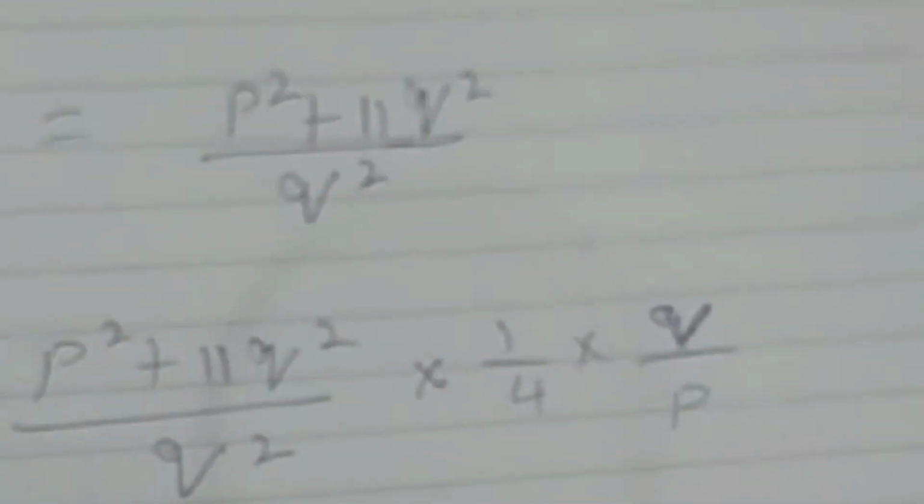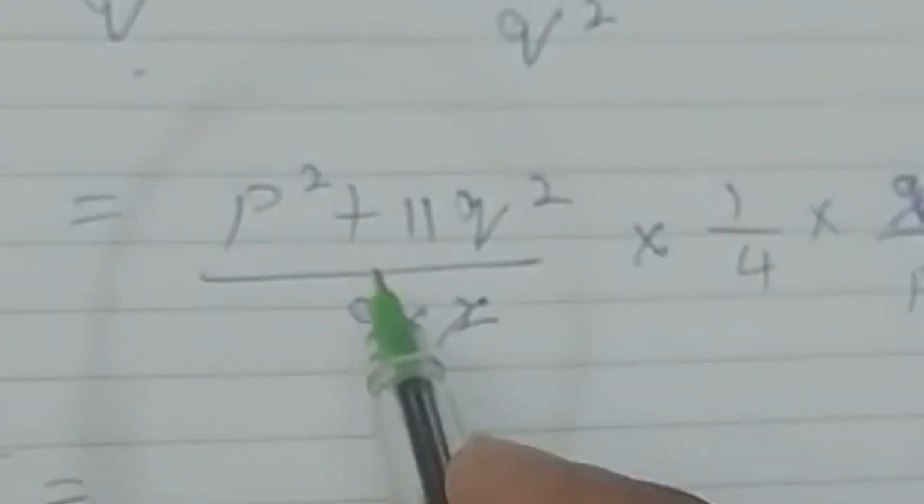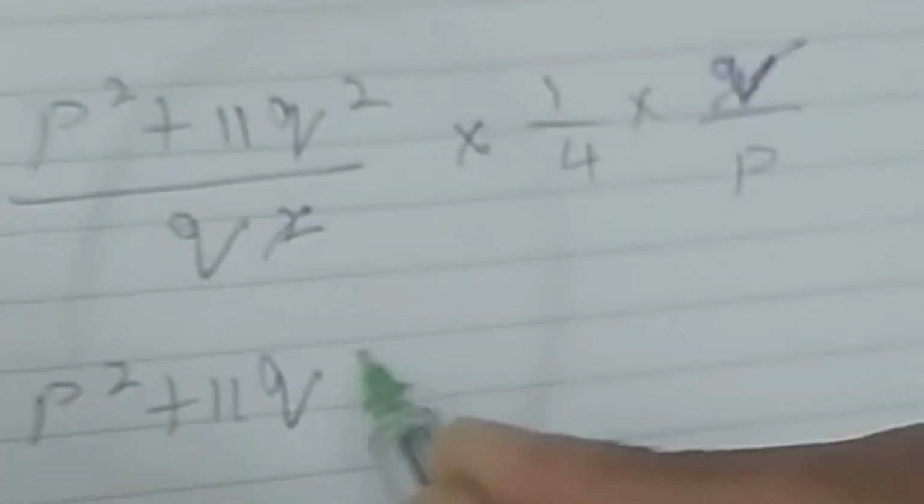Okay, now you can cancel Q square from 1 and 1 Q, right? This is 2 and this is 1, we are cancelling that. Just write down root 5, remaining number. Root 5 we have written P square plus 11 Q square into 1 is there, remaining Q is cancelled.